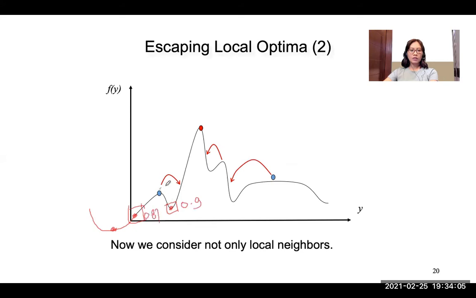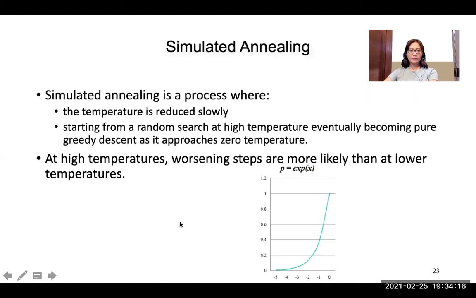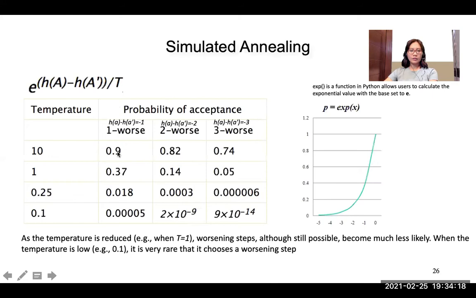So I will accept this neighbor more than that neighbor, and I will pick this neighbor as my next state. This is what the numbers say.